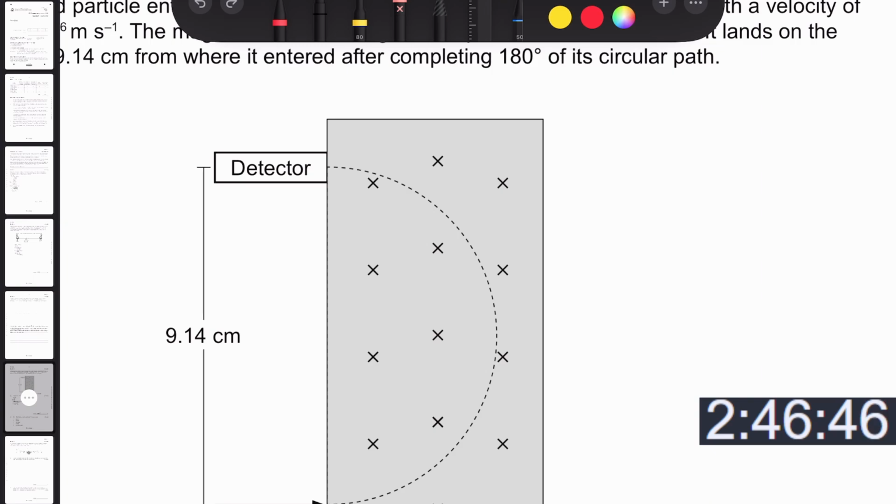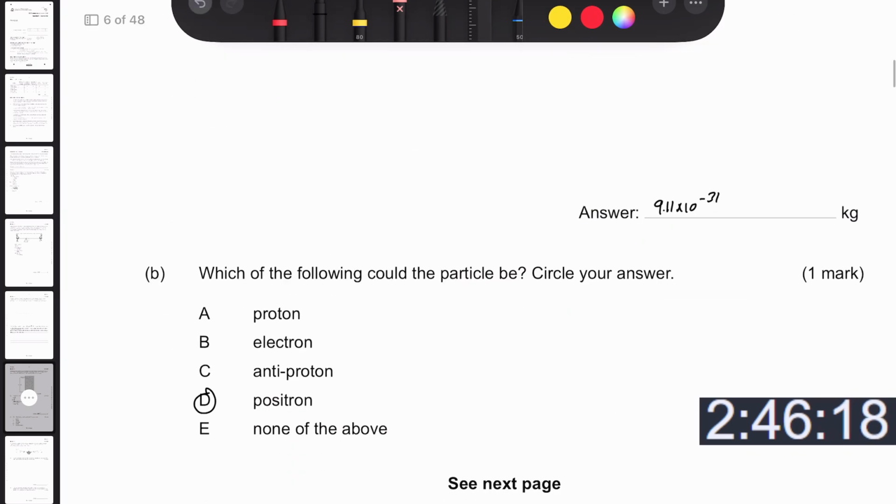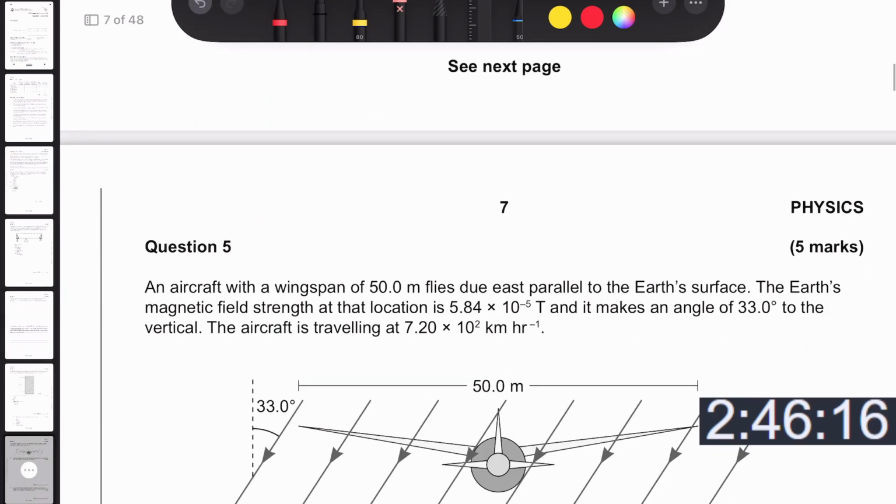B is into the page, and I need my initial force to be going that way. When that matches the direction, it has to be a positive charge, so it must be a positron, because an electron would be going the other way.